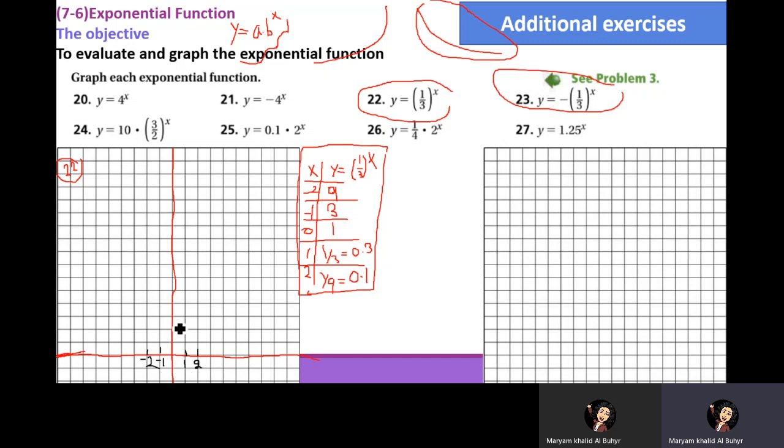Here I will keep each square as 1, so that is a 3. 2, 3, 4, 5, 6, 7, 8, 9. So that is 9. Now -2 and 9 will be here.